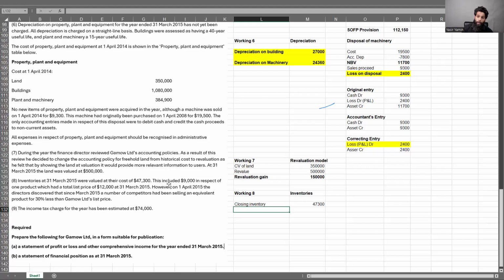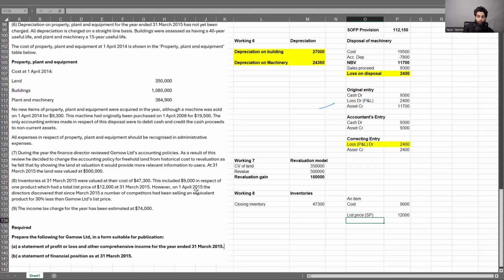This included $9,000 in respect of one product, which had a total list price of $12,000 at 31st March 2015. So the closing inventory includes an item which has a cost of 9,000, but has a list price, which means a selling price, of 12,000.